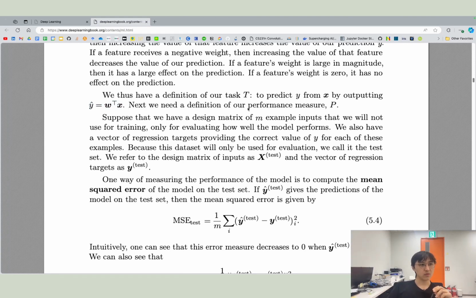So the performance is MSE. MSE means the difference between y hat and the actual y, squared, and their mean value.